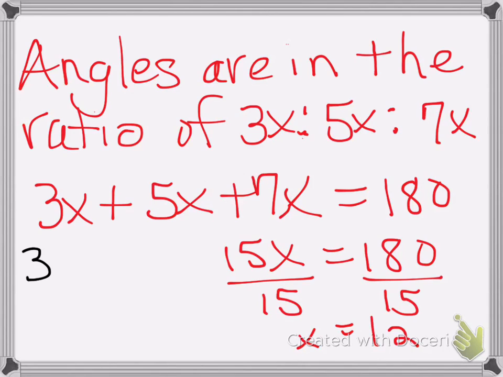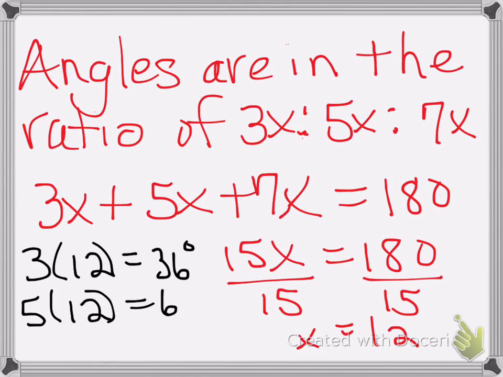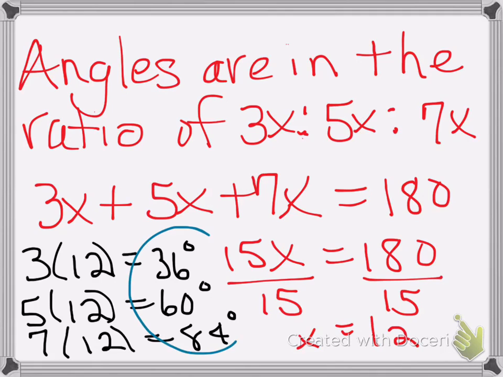So we'd have 3 times 12, which is 36 degrees for the smallest, 5 times 12, which is 60 degrees for the next smallest, and 7 times 12, which is 84 degrees for the largest. You can also make sure that you've done the math correctly, because these three should still add up to 180 degrees, and they do.